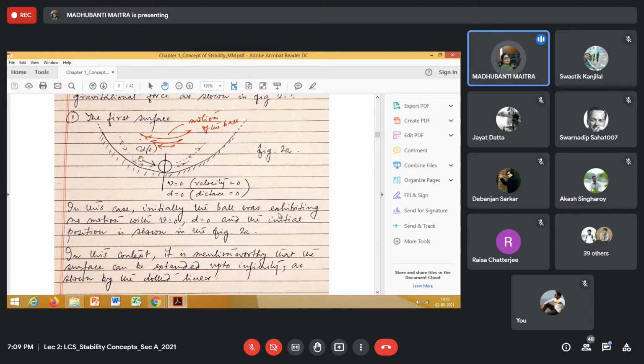Now, if we don't apply any disturbing force, instead we change the initial condition. That means instead of placing the ball at this position, suppose we place the ball over here. Then what will happen? Since the initial condition has been changed, the system will now execute some dynamic motion, and ultimately it will come to the position of rest, isn't it?